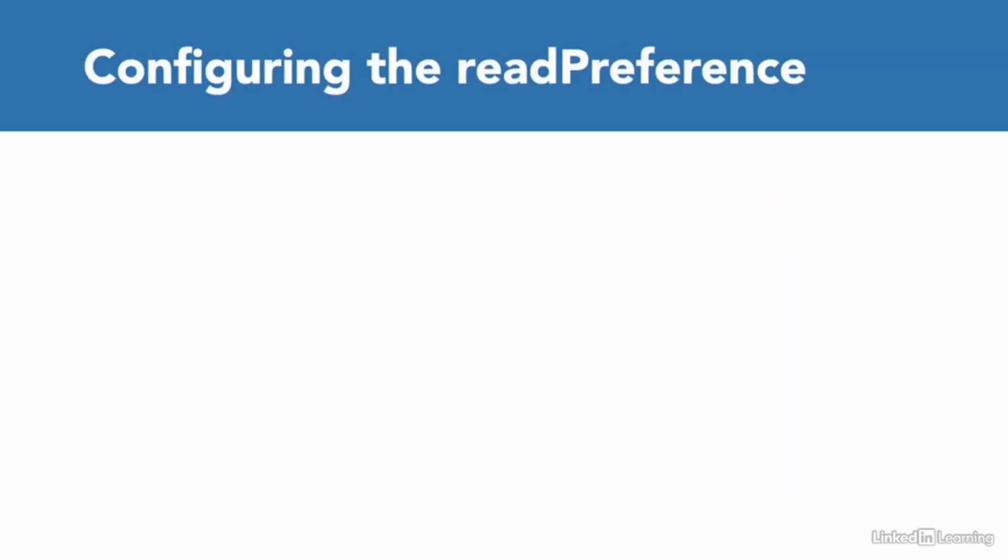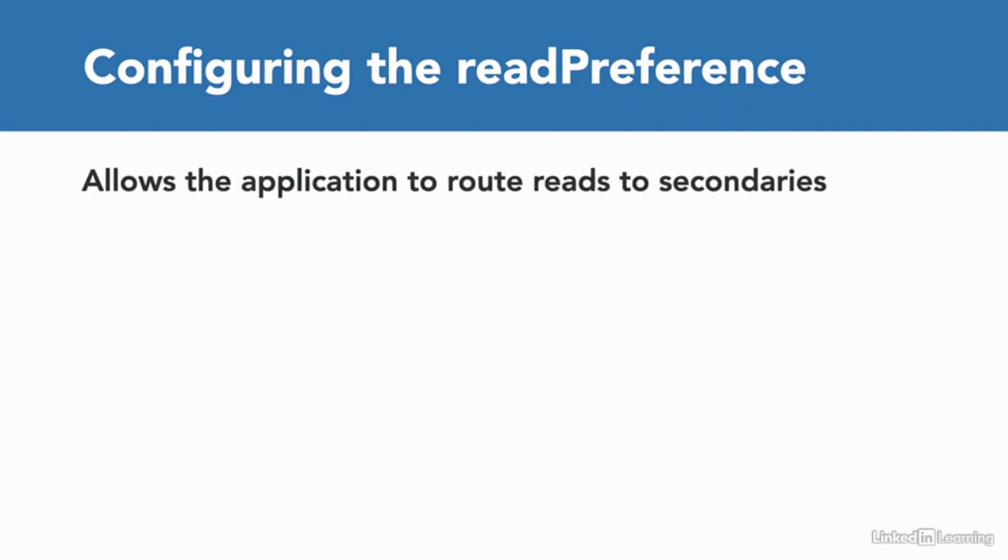There is also the option of specifying a read preference if you are using a MongoDB driver, which allows you to then read data from secondaries if you want to. This can allow you to get faster reads. The options are primary, which is the default, so then all of the reads come directly from the primary. Primary preferred, which allows reads to be routed to secondaries, but the primary is still the preferred option.